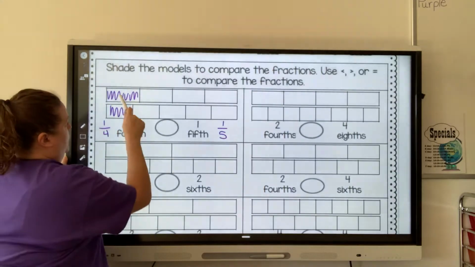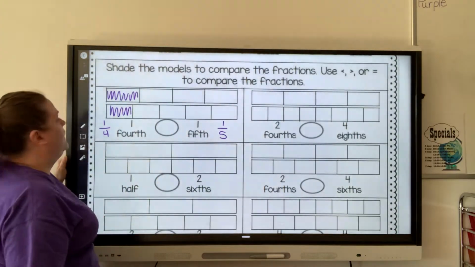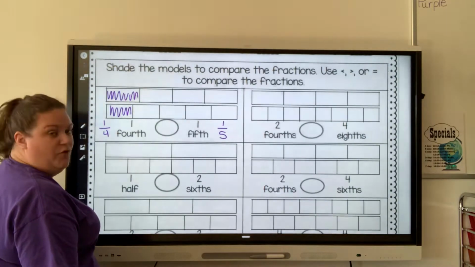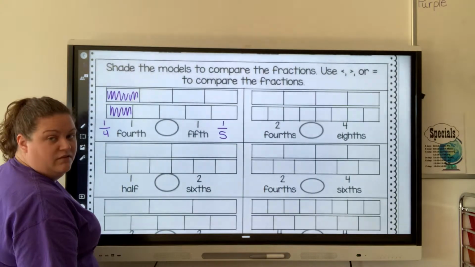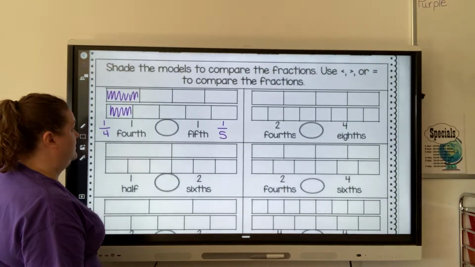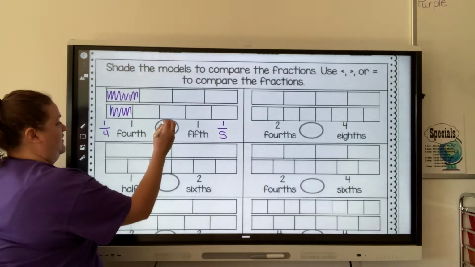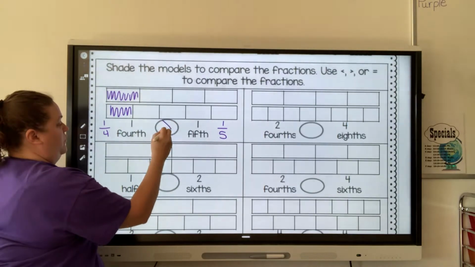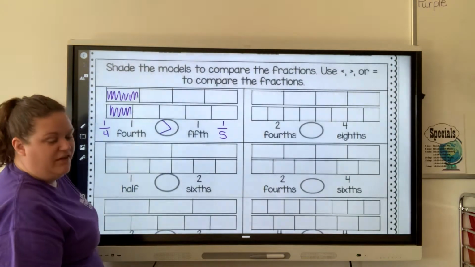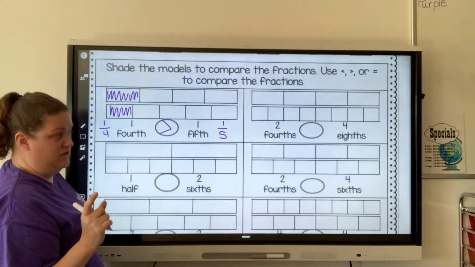Forgot to count to make sure. 1, 2, 3, 4, 1, 2, 3, 4, 5. Just making sure it was right. So which is greater, 1/4 or 1/5? One-fourth is greater than 1/5. The bigger your denominator, the smaller your piece, just as a reminder.